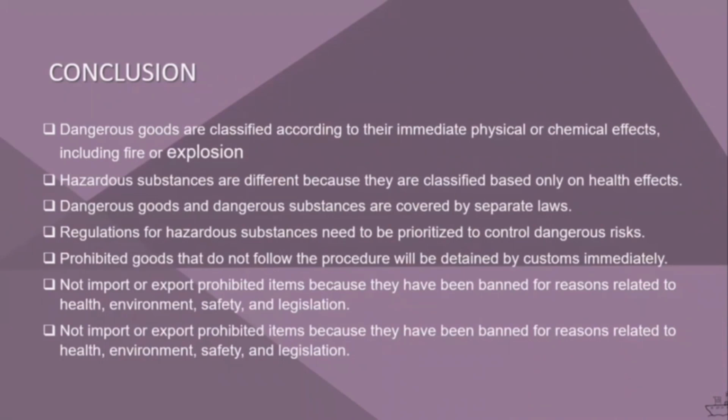So dangerous goods and hazardous substances are covered by separate laws. And then the regulation for hazardous substances needs to be prioritized to control dangerous risks. And prohibited goods that do not follow the procedure will be detained by customs immediately.